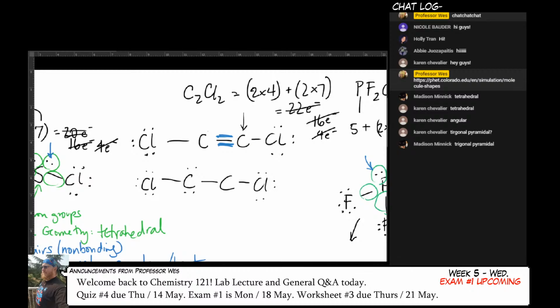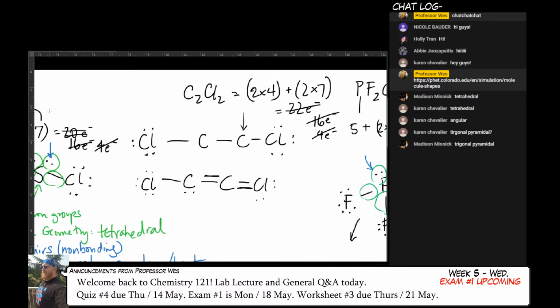I could move this one like I did before. Or I could move that one over here. And now right off the bat, looking at these, and actually, you know what, I should make this the same color up here.